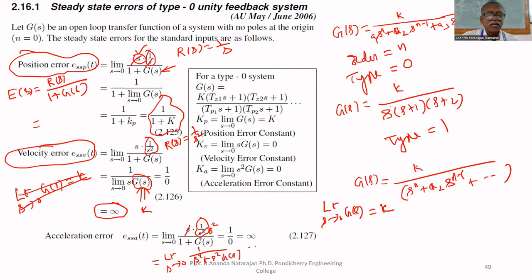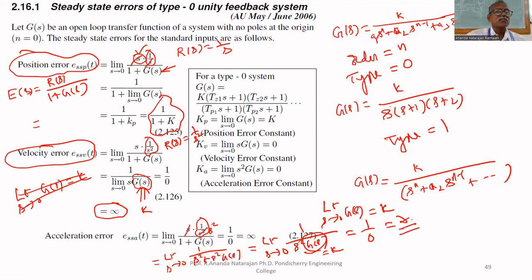That is limit s tends to 0, 1 upon 0 plus, because s square g of s becomes 0. If you let s tend to 0, you will get 1 by 0, that is infinity, because g of s equal to k. S square multiplied by k is 0, and 1 by 0 is infinity. Again, steady state error is infinity.